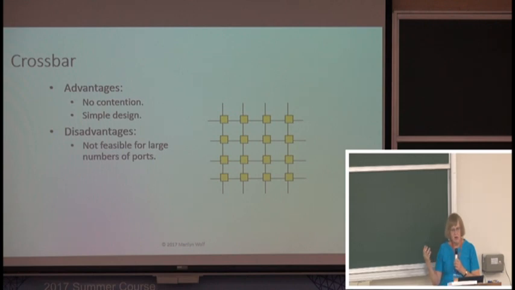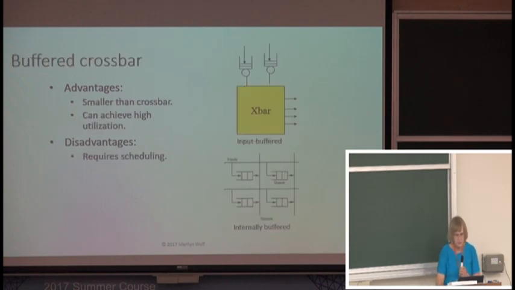Right. There are versions of the crossbar that have somewhat less connectivity, that don't allow you to do all the multicasting, but for point-to-point have the same richness as the crossbar. Another way to reduce the cost of crossbar is something that's done in networks a lot, which is to add buffers, either at the inputs or internally.